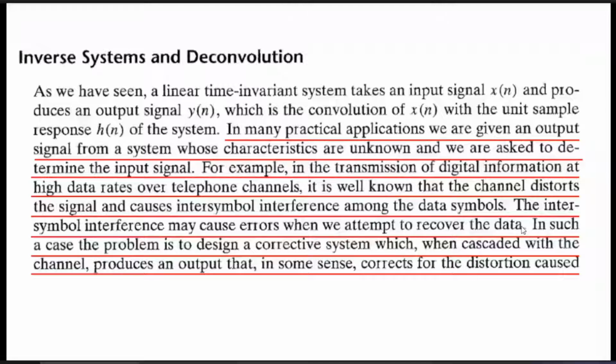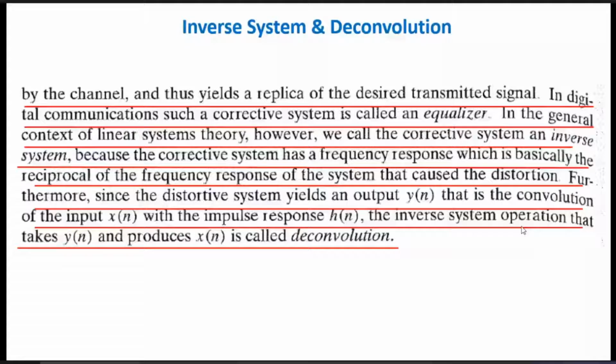In such a case, the problem is to design a corrective system which, when cascaded with the channel, produces an output that in some sense corrects for the distortion caused by the channel and thus yields a replica of the desired transmitted signal.